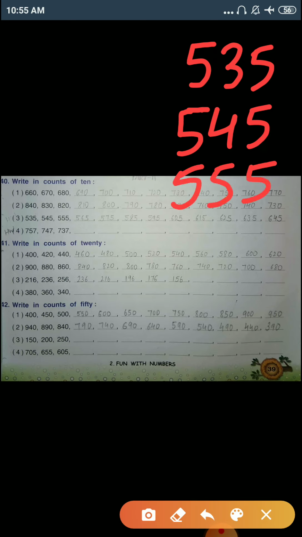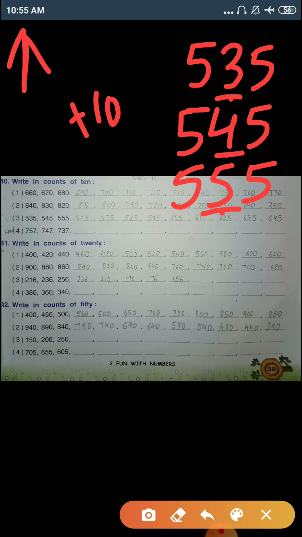555. You can see here the middle number, that means the tens place, is changing. 3, 4, 5. That means it is in increasing order. In every number they are adding 10. 535 plus 10 will give you 545. Again, 545 plus 10 will give you 555.